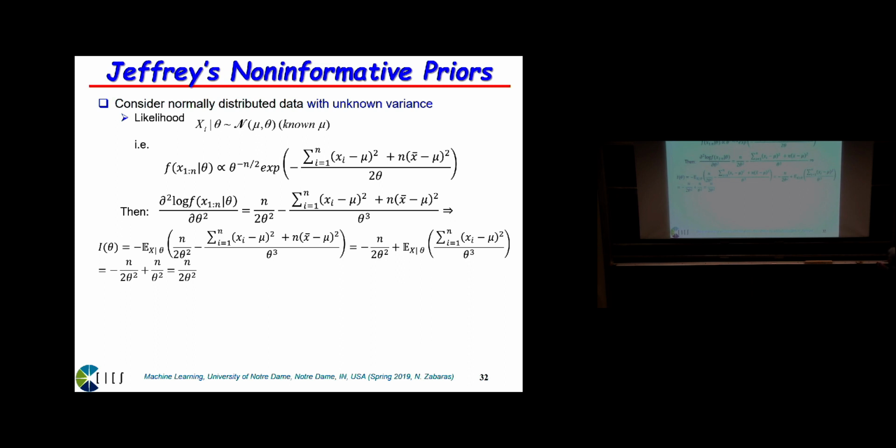Can you tell me how this expectation gave me n over theta squared? What happened here? How from this did I go to that?